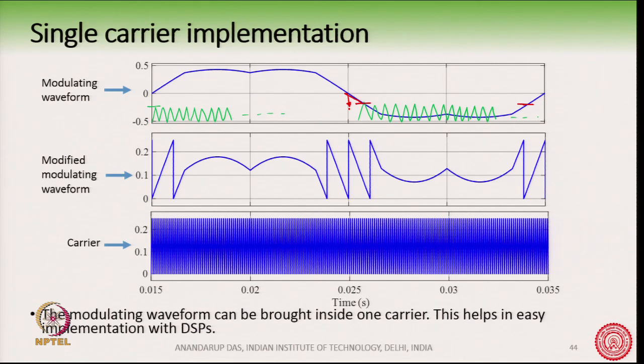Ideally, it would have been done by the second carrier, but since I do not have the second carrier, I am actually bringing the modulating waveform inside the green carrier, which I have shown here. So, I am pushing it down. So, there is one shift. So, with one shift this waveform goes like this, which is here shown.